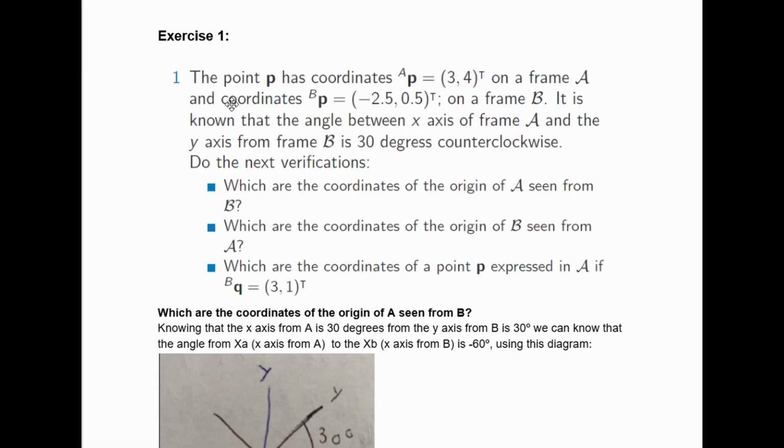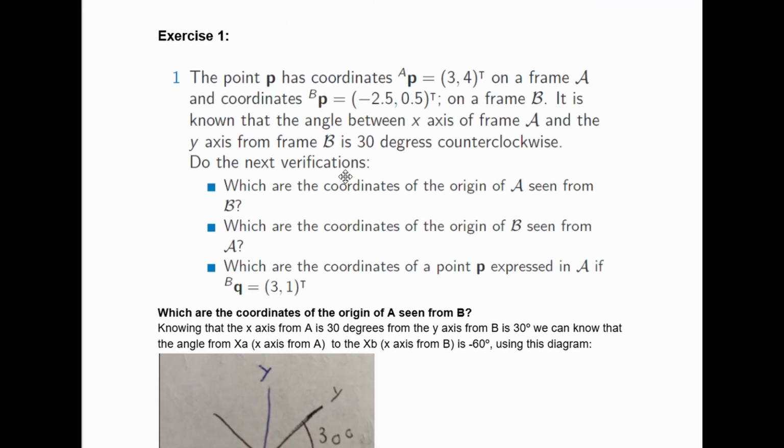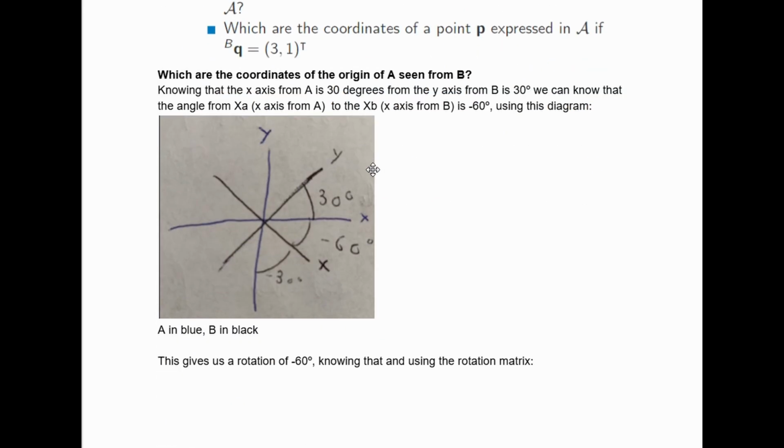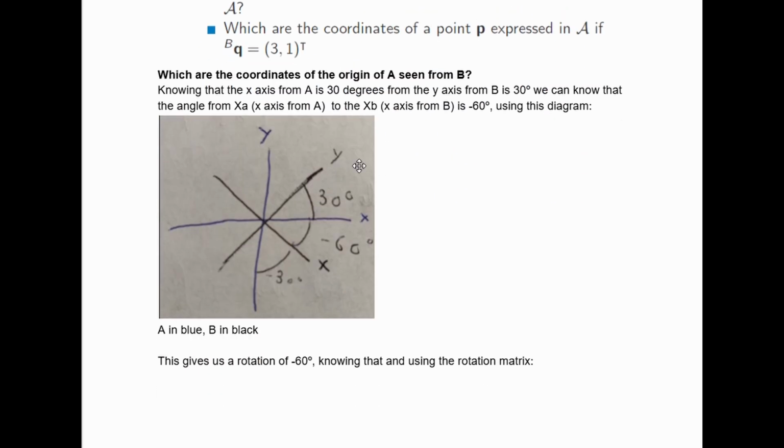To start, we have solved exercise 1. It asks us to find the coordinates of the origin of the A frame from B. To do that, we know that the x-axis from A and the y-axis from B have a 30 degrees angle between them.